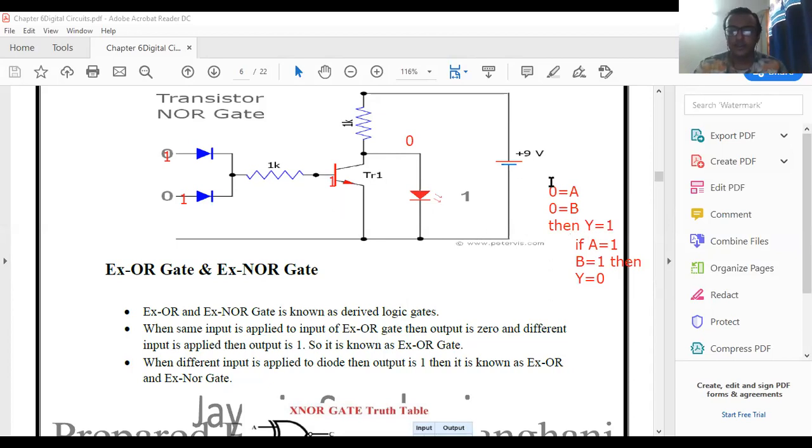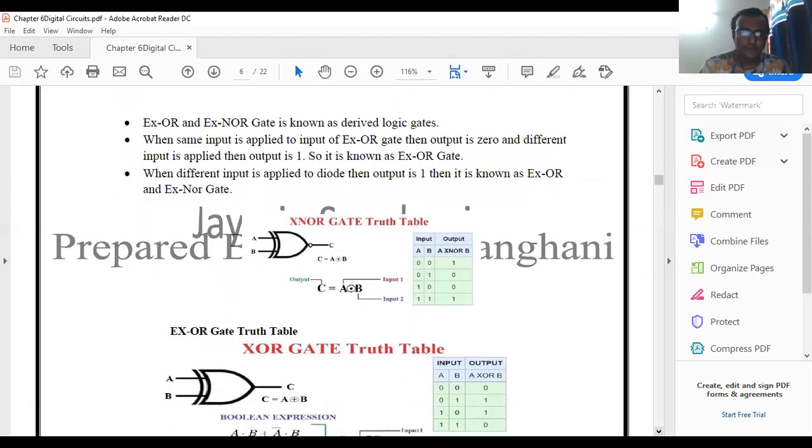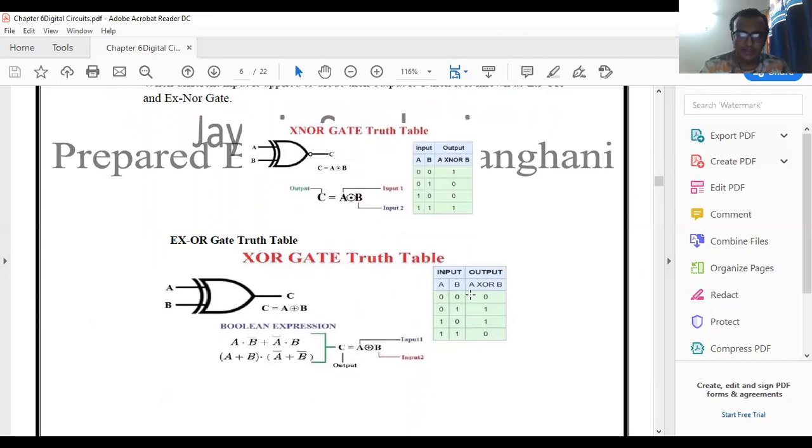Now we will discuss the other point: XOR and XNOR gate. It is known as a derived logic gate. What is the meaning of derived logic gate? If the same input is applied, see here 0 0, then output is 0, 1 1, then also output is 0.